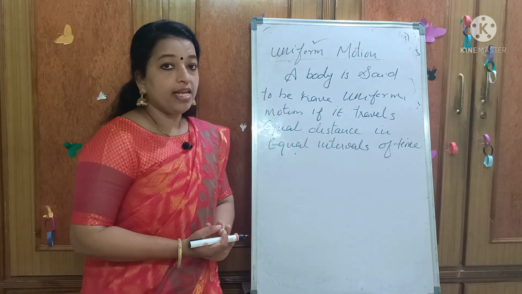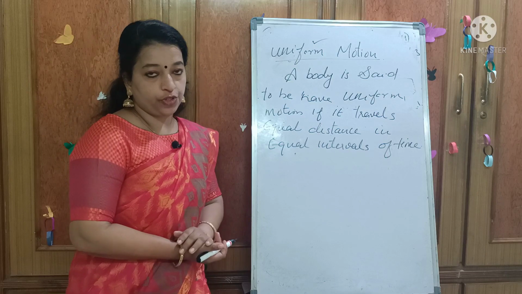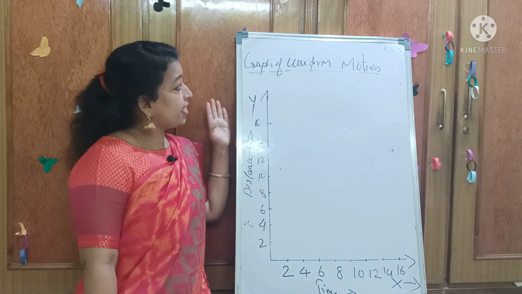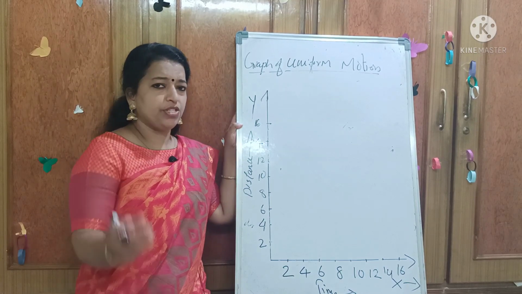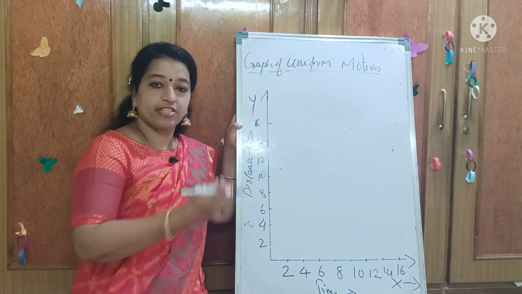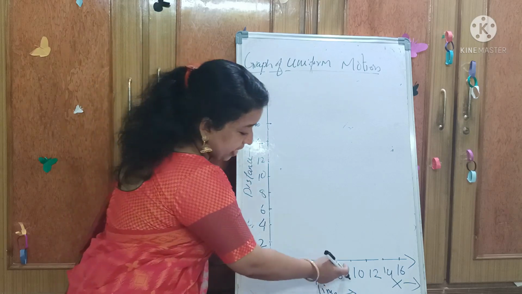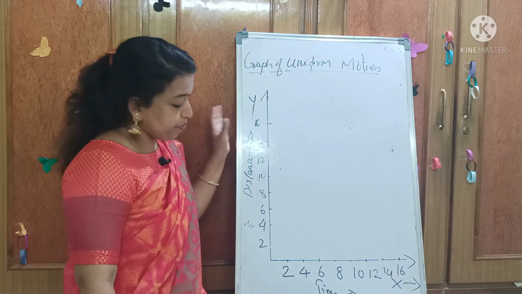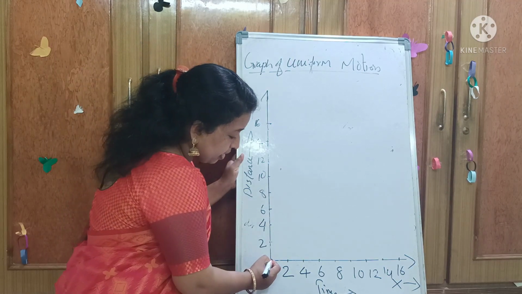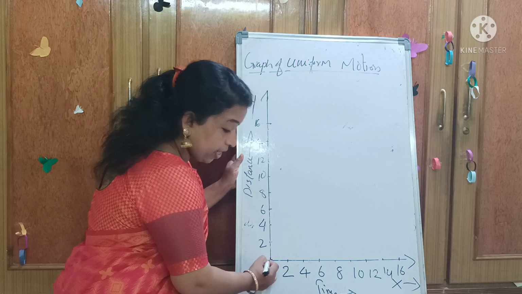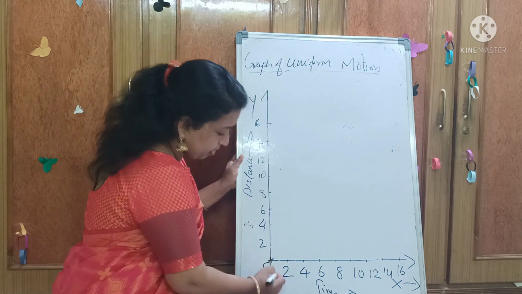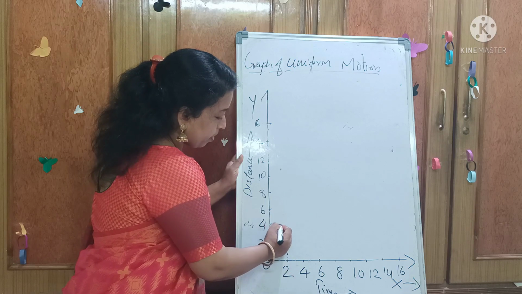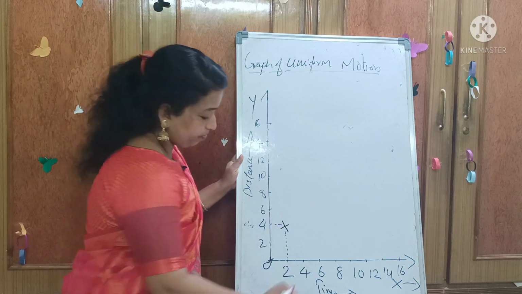Now let us see the graph of a uniform motion. How does the graph of a uniform motion look? Just have a look at the table we have explained now. On the x-axis I have taken time, on the y-axis I have taken distance. At 0 seconds, the car covers the distance 0 only, so here is our point. In the next 2 seconds, it covers 4 meter.